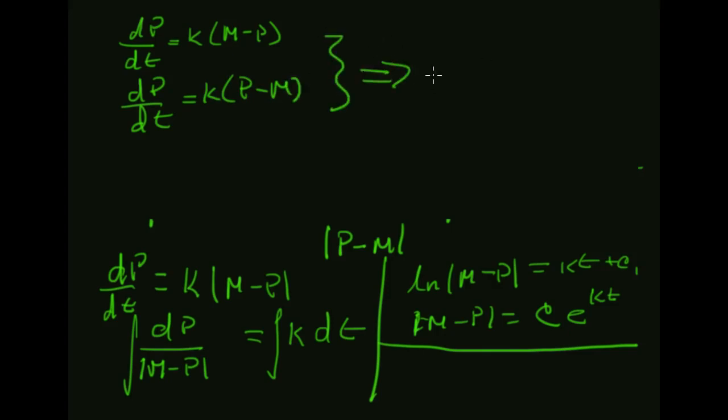This is always going to yield the absolute value of m minus p is equal to some constant times e to the kt. Now that constant is not as clear as it was on exponential growth. You actually have to go hunting for that constant, which makes it a little bit more challenging, because we're going to have to find a couple of things here to get a good equation.